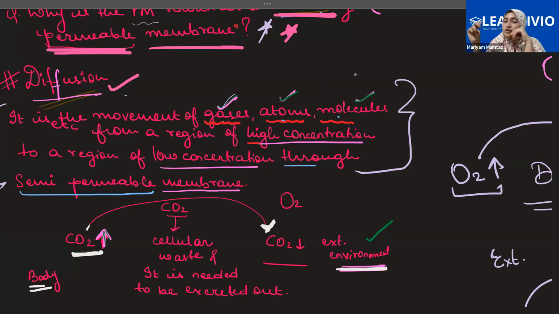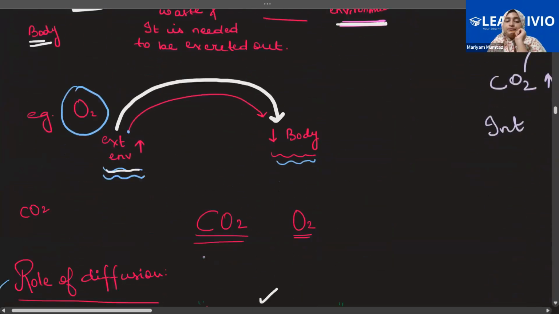So this creates a concentration gradient. Gradient means from high to low, anything that is high in one area and low in another area. Remember students, substances will always move from a region of higher concentration to the region of lower concentration. So that is why oxygen comes into our body and carbon dioxide exits from our body.